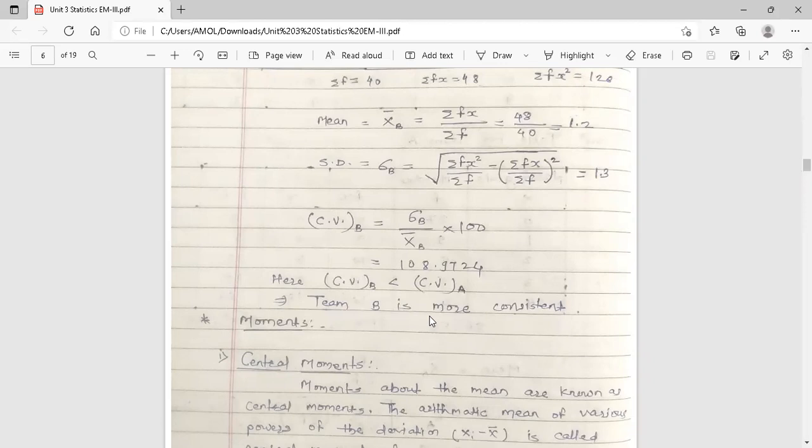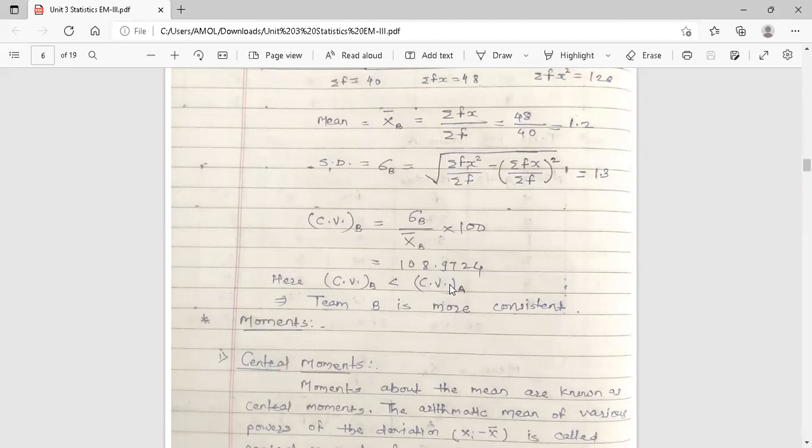It means that if the CV is less, then that team or class is more consistent as compared to the other one. If the CV is more, then the conclusion is that it shows greater variability. Here in this example, the coefficient of variation for team A is more, so team A shows more variability. The coefficient of variation of team B is less, so it is more consistent.